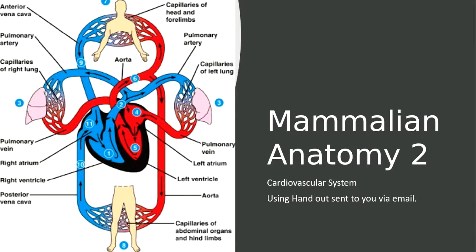This lab today is about the cardiovascular system, which is supposed to be included in your lab book. However, due to an error made by the publisher when we ordered the Queen's College edition, for whatever reason, they forgot to include it.